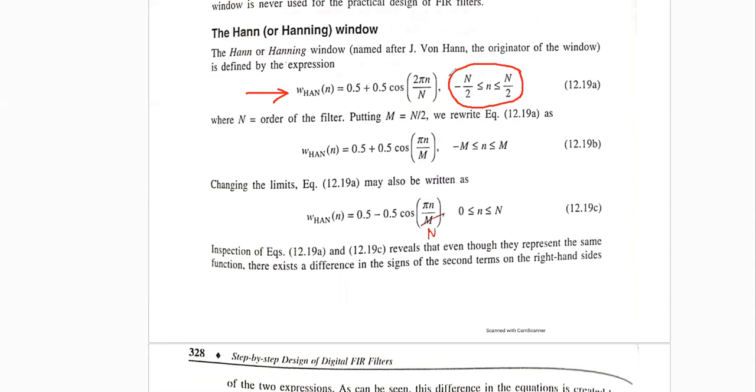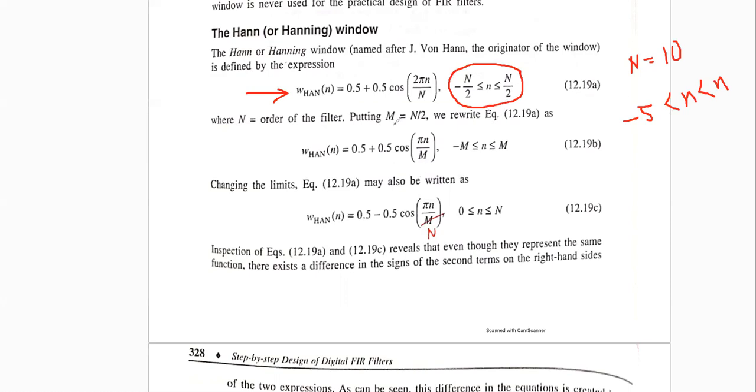Can you relate it with the previous example? Previously, what was the value of N? It was 10, so N by 2 equals 5. So minus 5 to 5, that is our value of n. That's why we can write it like this.